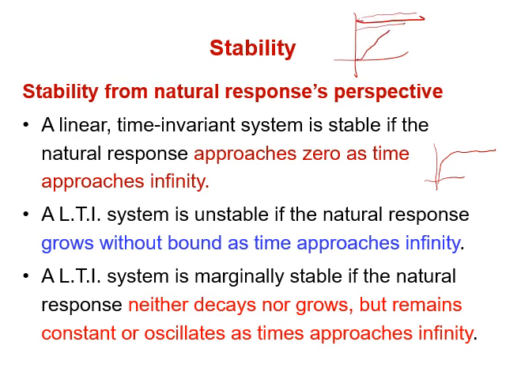If the output comes without boundary, meaning it keeps increasing, we are going to assume that the system is not stable. And marginally stable is something in between. It is neither this nor that, which means the system is going to oscillate around a certain point. So this is what is called marginally stable.